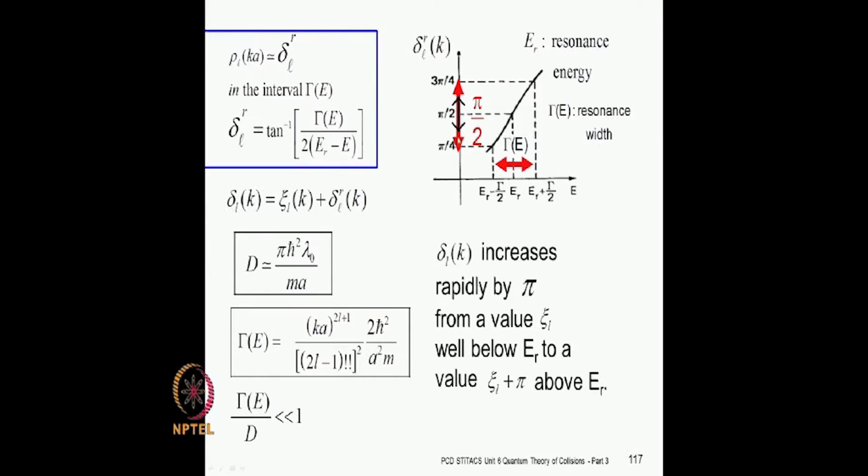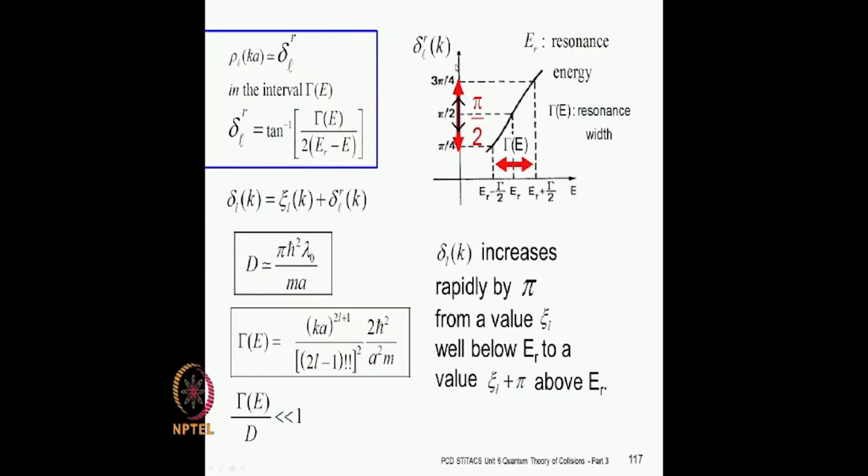What is happening is that in the vicinity of the resonance, the phase shift, as I mentioned in our previous class, goes through a change very rapidly through pi by 2. So, from here to here, very close to the resonance, it changes rapidly through pi by 2. So, it goes from pi by 4 to 3 pi by 4. The difference here is pi by 2. But from an energy somewhat below the resonance to an energy somewhat above the resonance, the total phase shift is a quarter of a pi here and a quarter of a pi there.